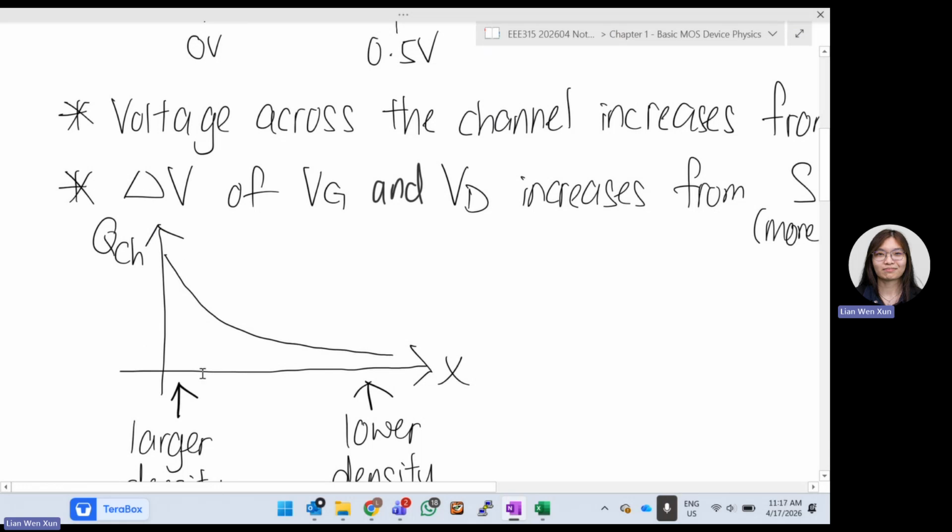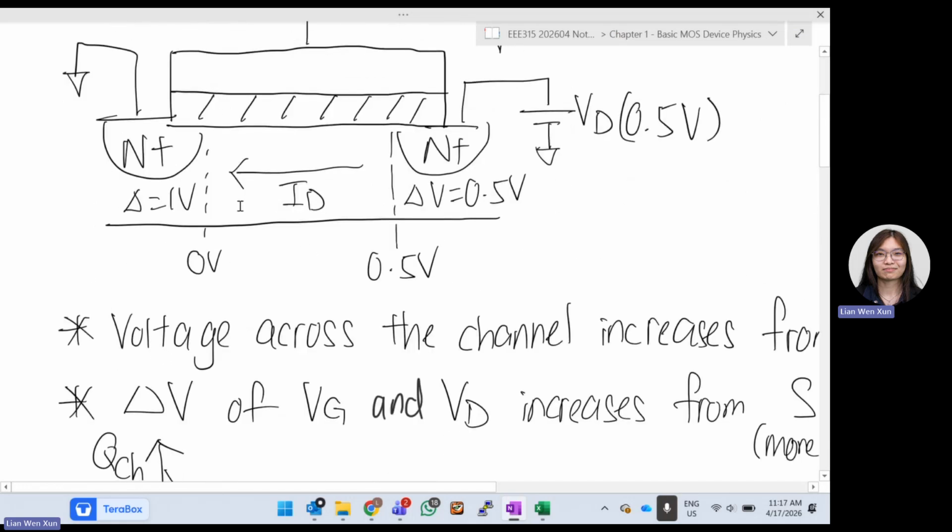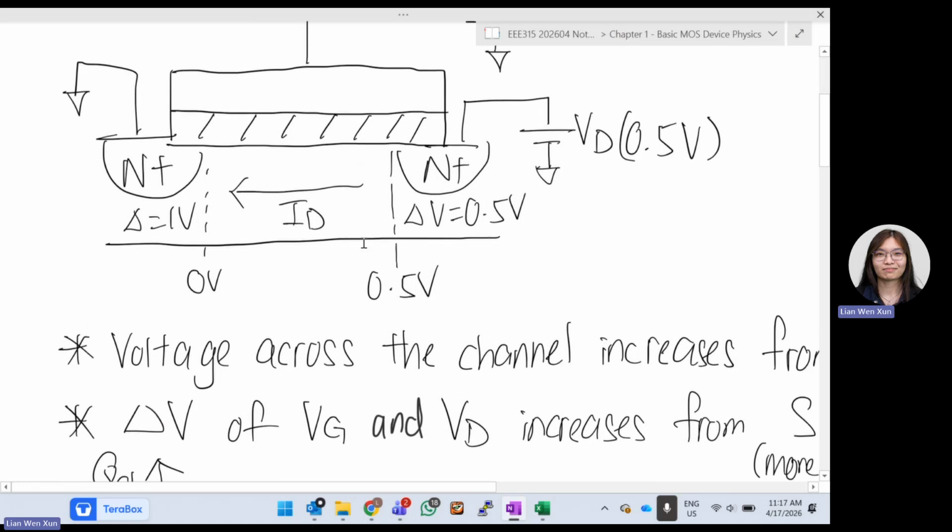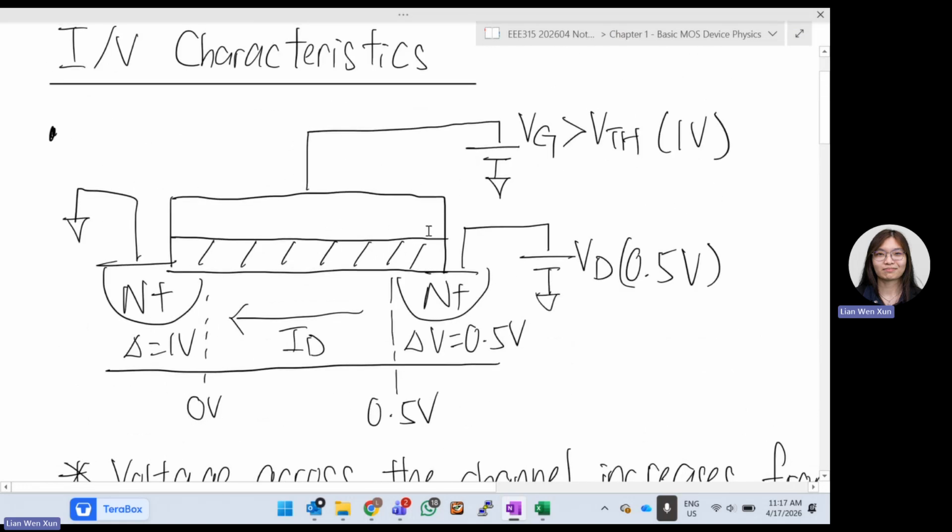There's more charge at the source than here. So you can roughly see the charge over here is so much more, and then it goes lower, lower, lower all the way.